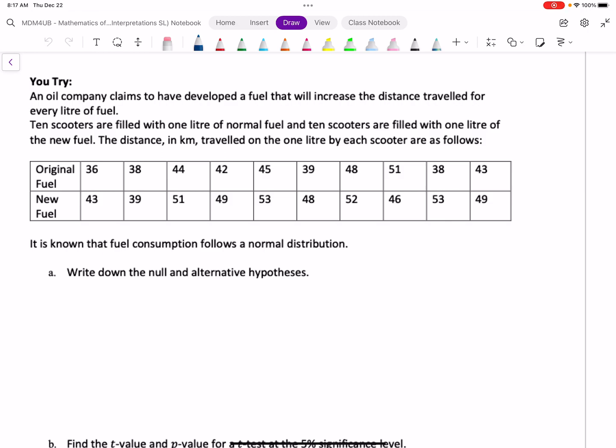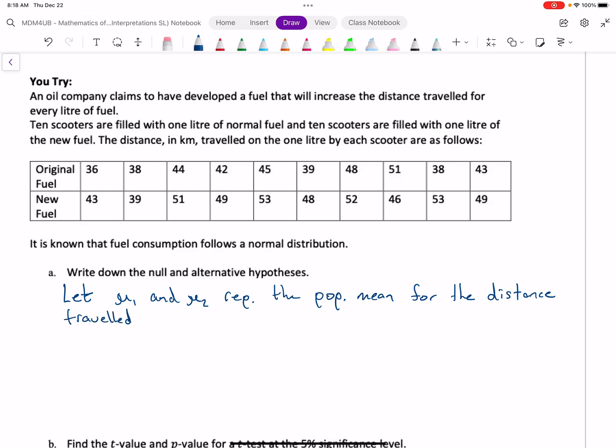So the first thing we should do is say let mu1, which is our mean for the first, and mu2 represent the population mean for the distance traveled on the original fuel, if we use their language, and the new fuel, respectively.